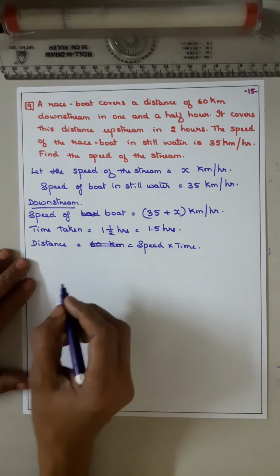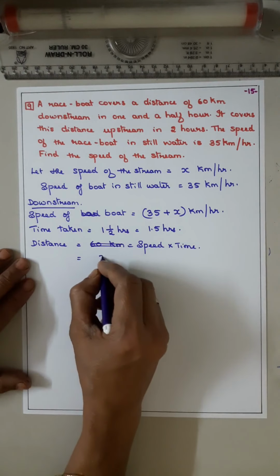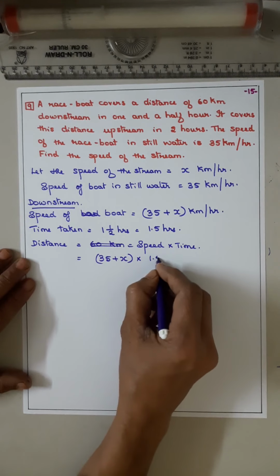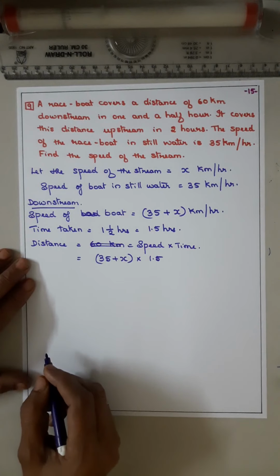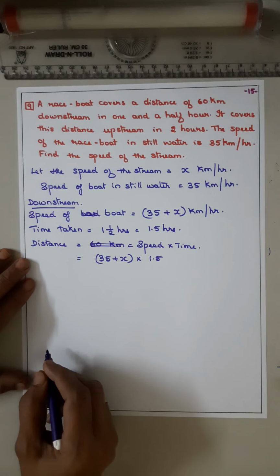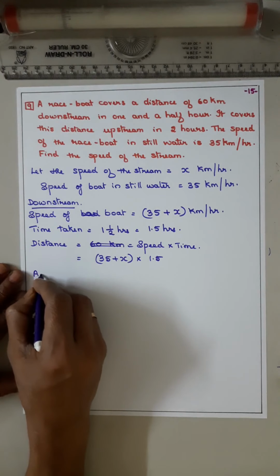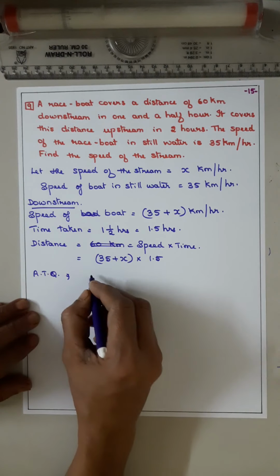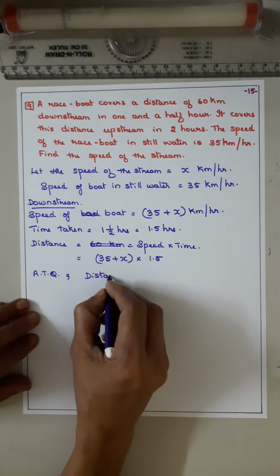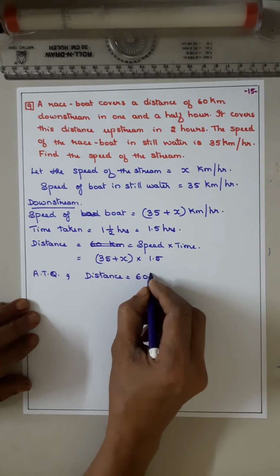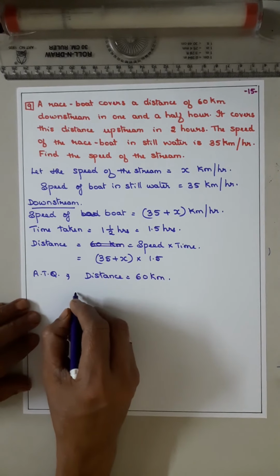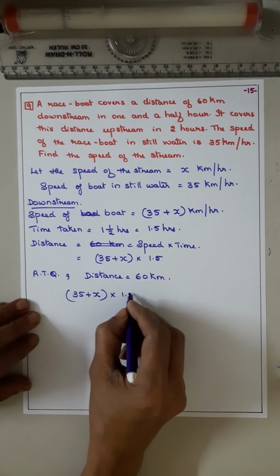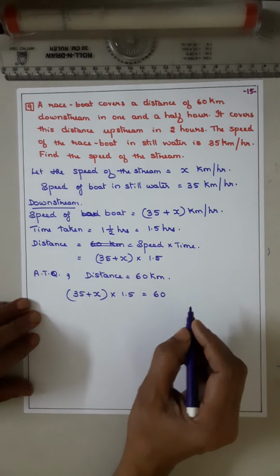So speed will be how much? 35 plus x into 1.5. But distance, according to the question, is 60 kilometer. That means 35 plus x into 1.5 is equal to 60.